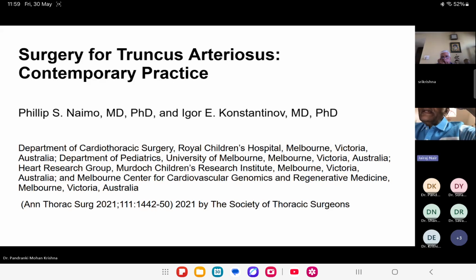But the other indication for cannulation of the pulmonary artery is the interrupted aortic arch. It is my old knowledge, but I don't know what exactly is happening. Anyway, good presentation, good results in Narayana.